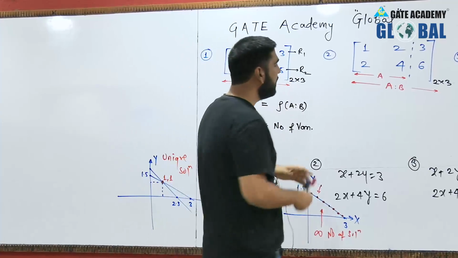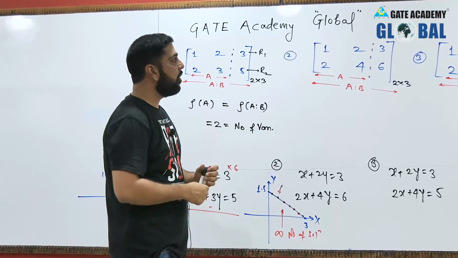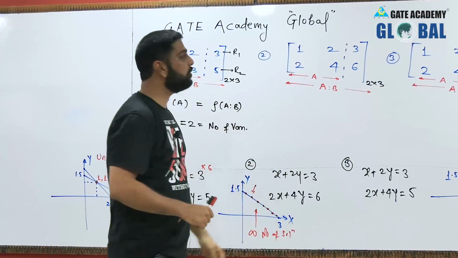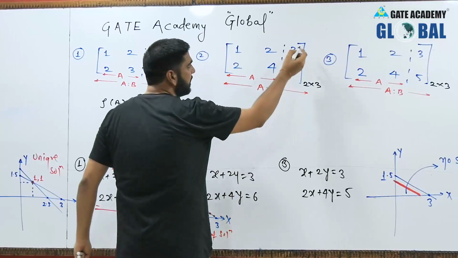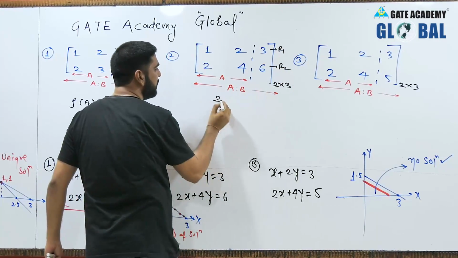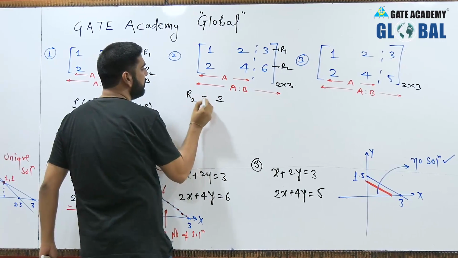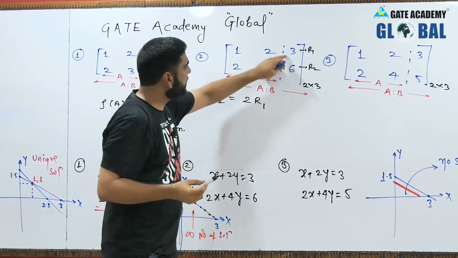Now the next one. Okay, in the next equation system, we have 1, 2, 3 and 2, 4, 6, which is definitely related. If I ask how R1 is related with R2, you can see R2 is equal to 2R1, clear? 2 times, 2 times and 2 times.